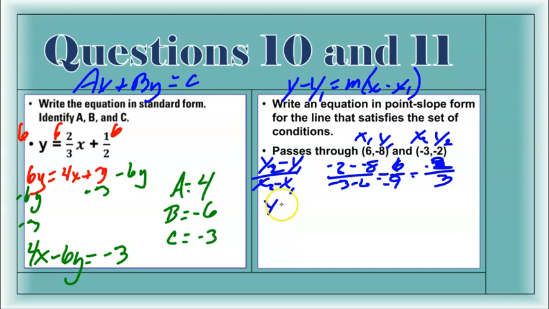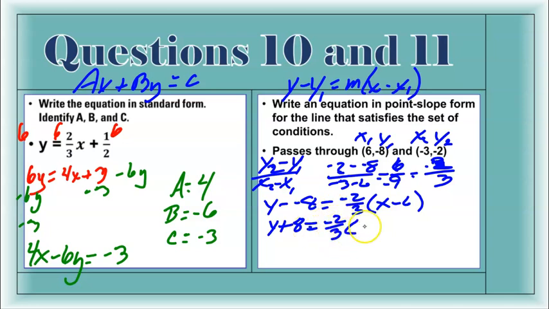So I could do y minus a negative 8 equals the slope of negative 2/3 times x minus 6, which gives an equation of y plus 8 equals negative 2/3 times x minus 6.